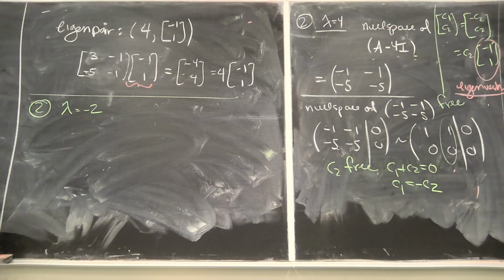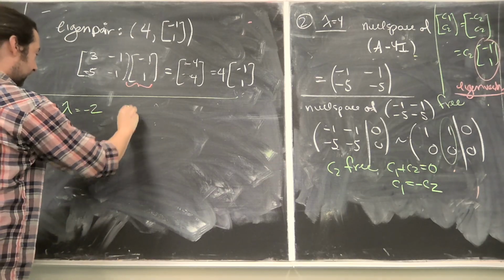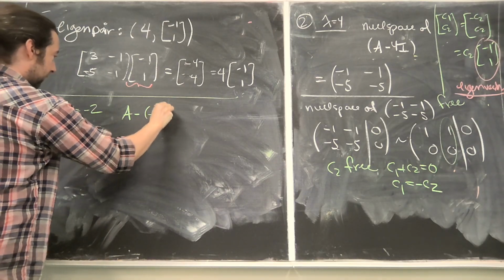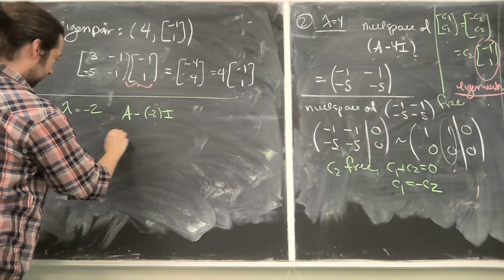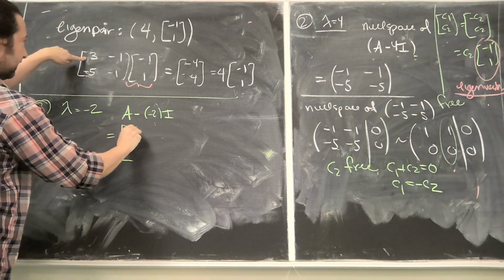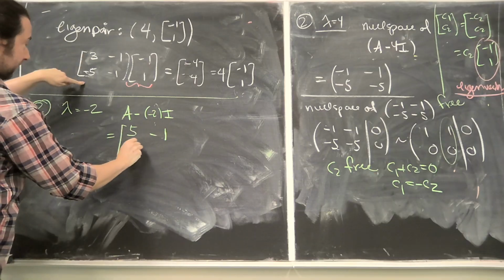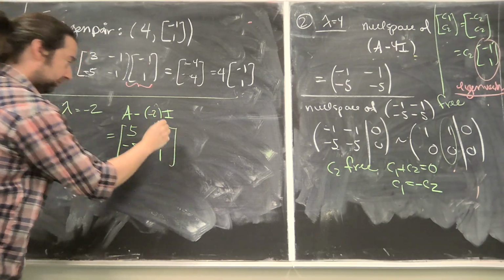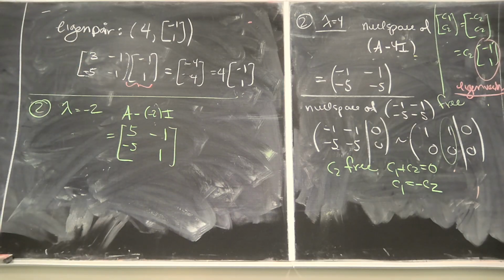And if I do that, I get A minus -2I is equal to the matrix. Okay, so it was -3 plus a 5, -1, -5, 1 is what comes out when you do that. Again, obvious linear dependence. It won't always be.